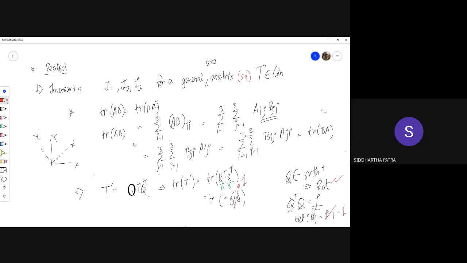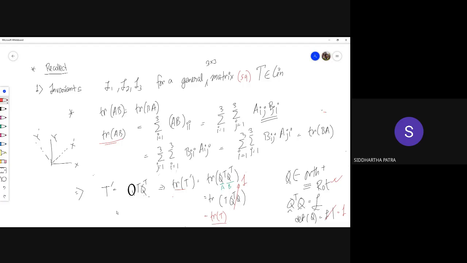So using this identity, this is simply the trace of T, which basically means that the trace doesn't change with change of coordinate system or with rotation. And that's actually the meaning of invariant.